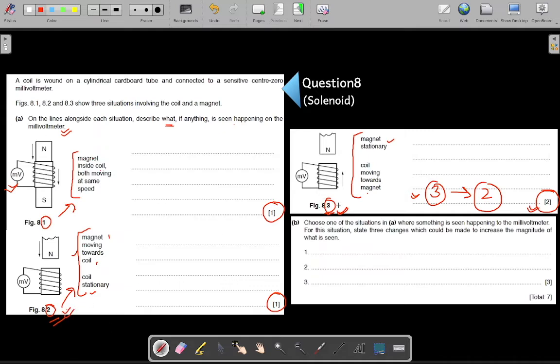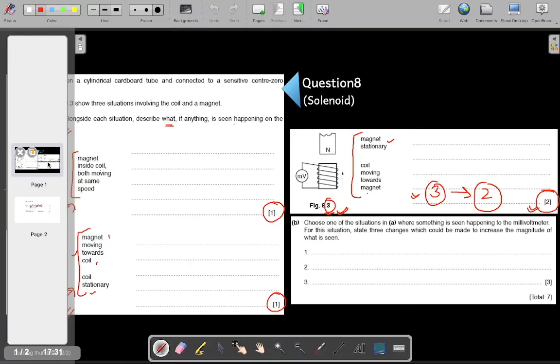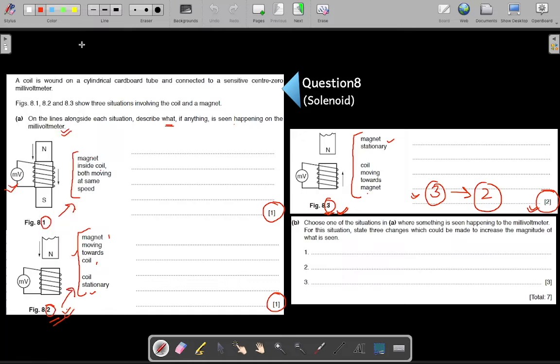So in 3 also there is a relative motion, so there is a deflection. You can say there is a deflection. The second point that you can make is about the direction of the deflection.